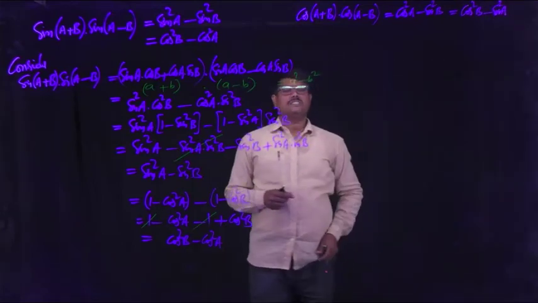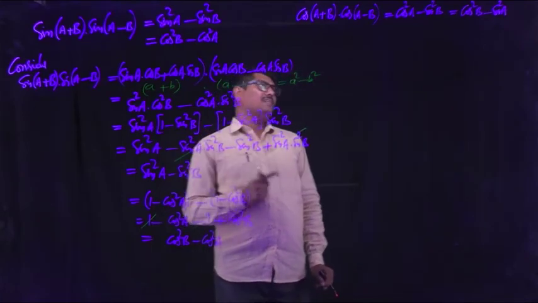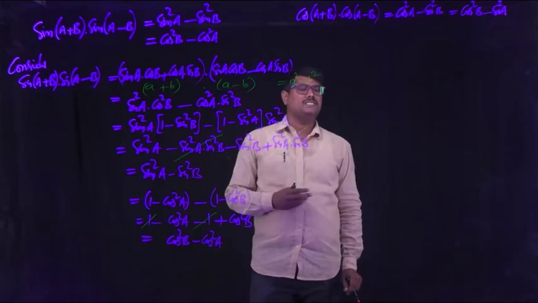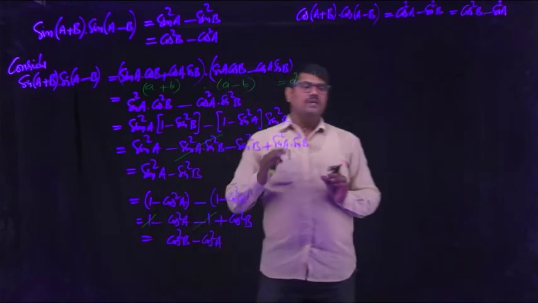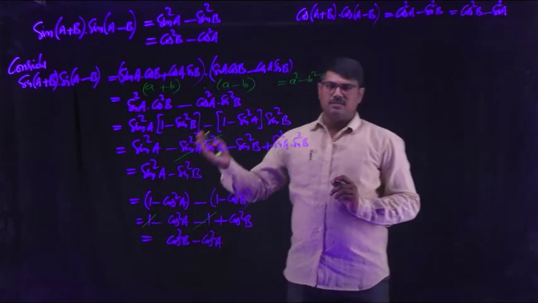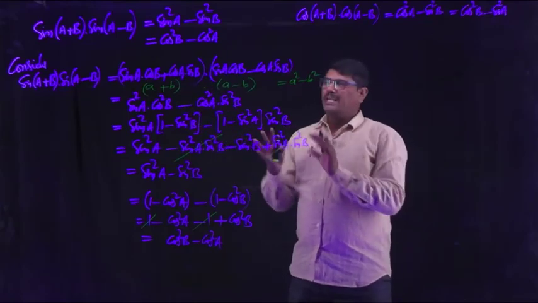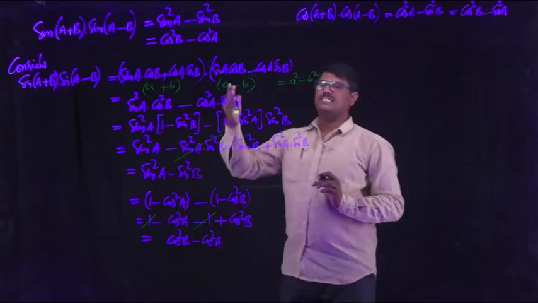So remember, cos of a plus b into cos of a minus b is cos square a minus sin square b, or you can remember that one with cos square b minus sin square a. These are the applications of the formulas we already discussed. Already we discussed sin a plus b, sin a minus b. What is the value by multiplying these two values? So the discussion is about like that.